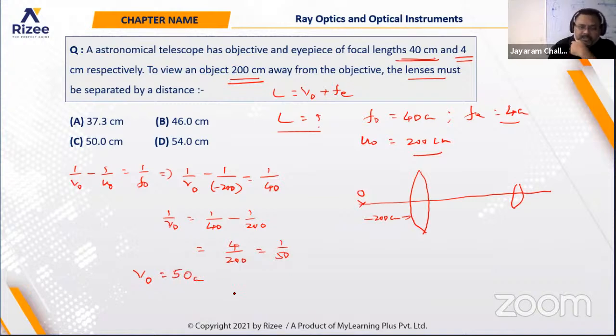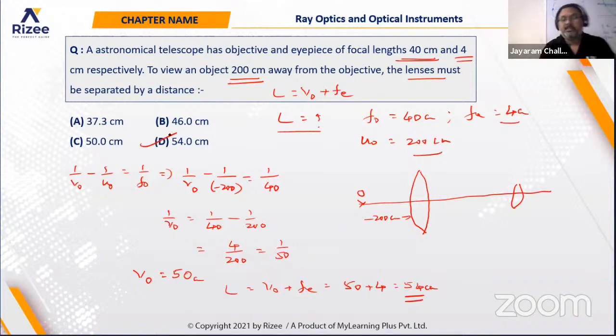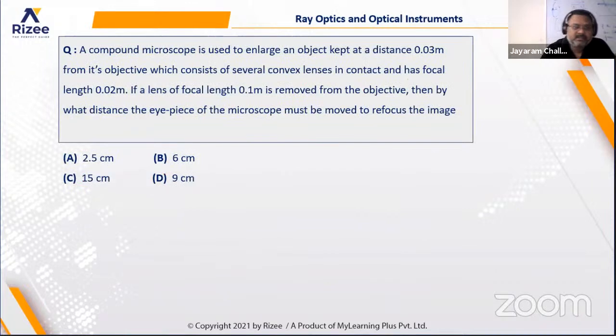That means L is equal to v0 plus fe, in the sense 50 plus 4, which is equal to 54 centimeters. It is in option D. So this is the separation between the two lenses.